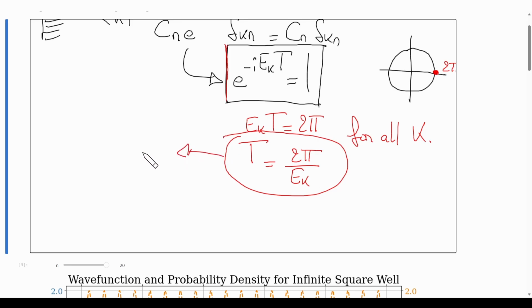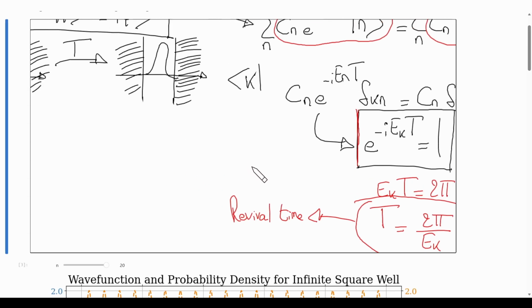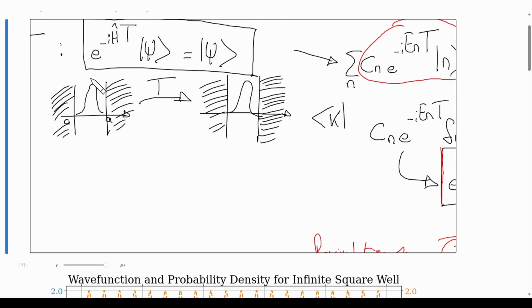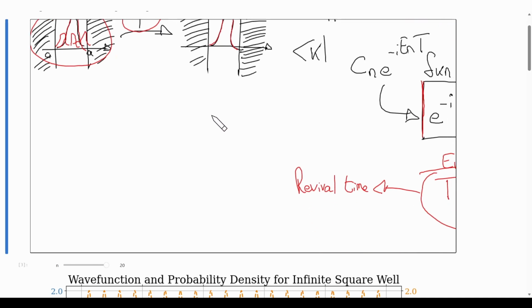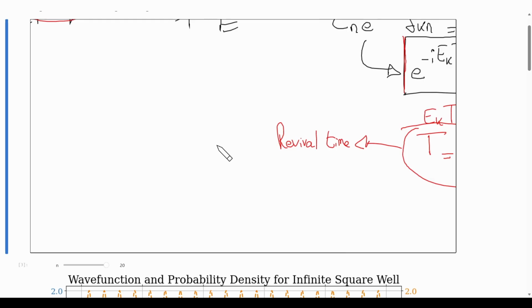It's called a revival time because the initial wave function evolves and interferes and does complicated stuff. But after this time t, it revives and becomes the exact same as the initial wave function. This is called a revival time.